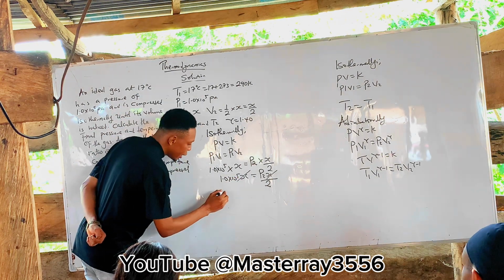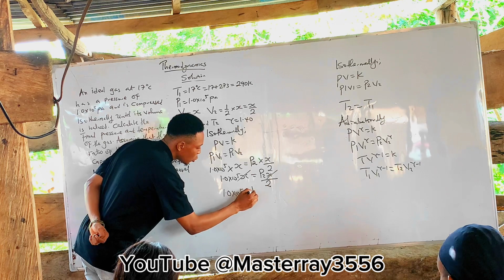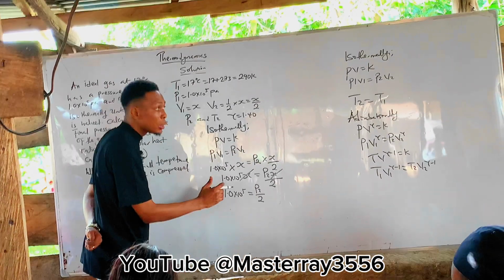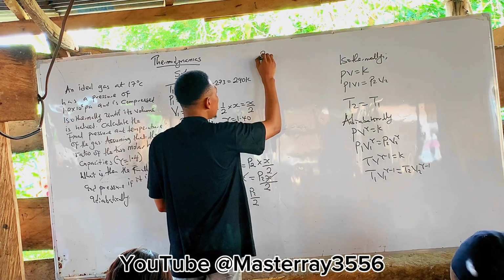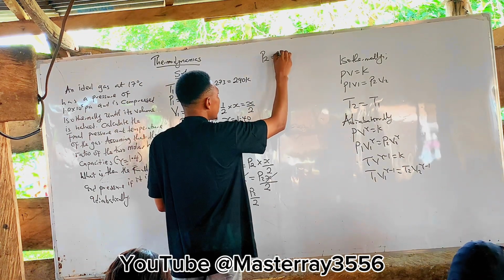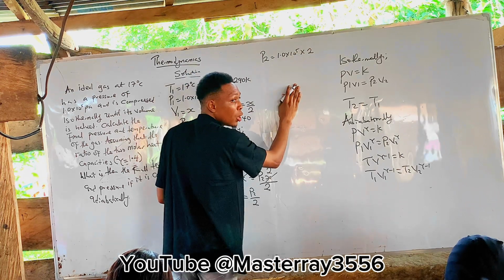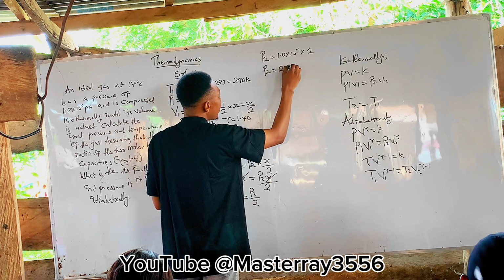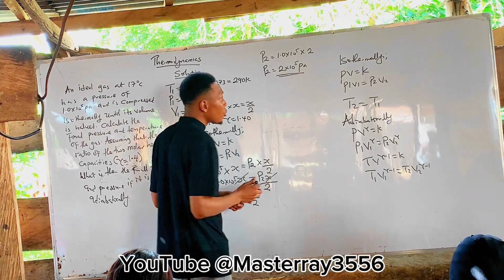So what's left here is 1.0 times 10 raised to power 5 equals P2 over 2. What do you do there? Cross multiply. So when we cross multiply, we have P2 equals 1.0 times 10 raised to power 5 times 2, is it not? So from there, our P2 will be equal to 2 times 10 raised to power 5 Pascal. So that's our answer for P2.